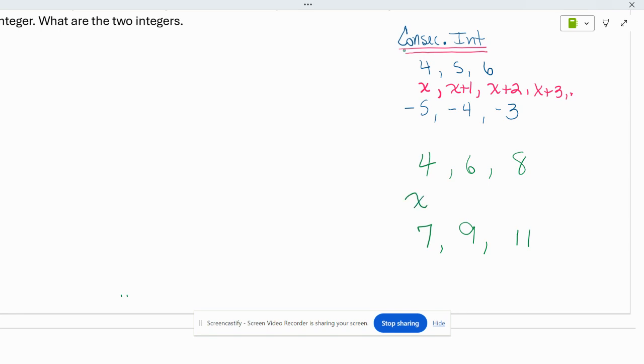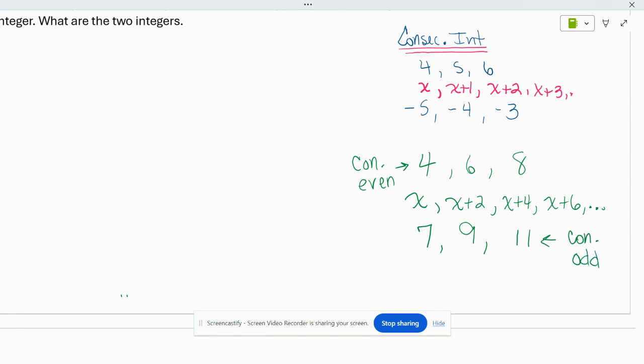If my first integer is x, what do I add to either the 4 or the 7 to get to the next term? Yeah, x plus 2. And to get to the next one, x plus 4. And the next one, x plus 6, and so on. So this is consecutive even, and this is consecutive odd.